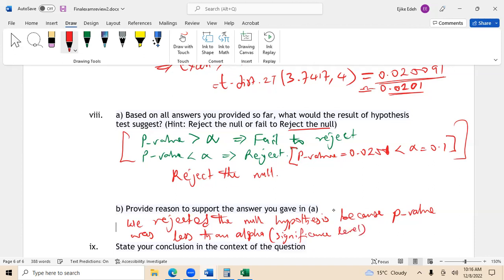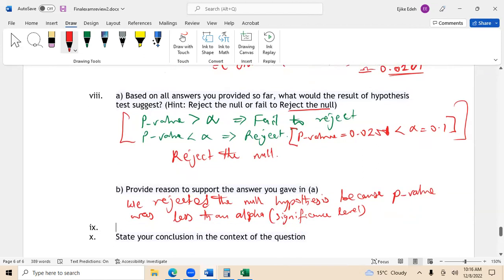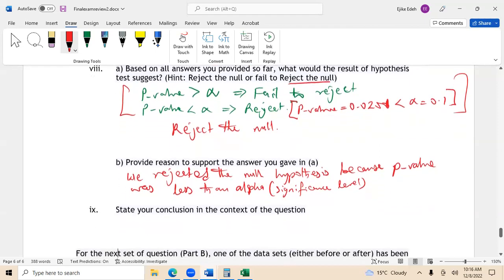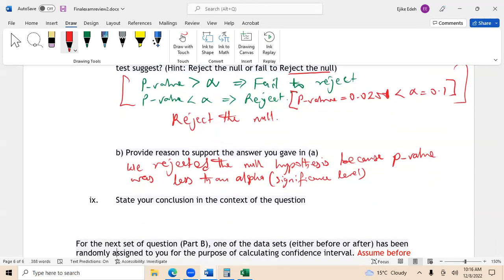And then you state your conclusion. Again, I'll be flexible about the statement of conclusion, but the key thing is that you write it in the context of the question you have. We could say there is enough evidence in the data to suggest, remember you rejected the null hypothesis. The null hypothesis was saying before and after are equal. The alternative is saying they differ.